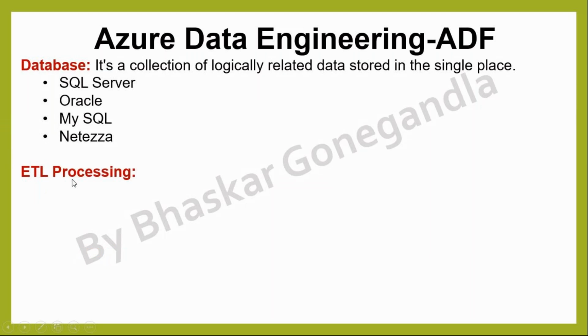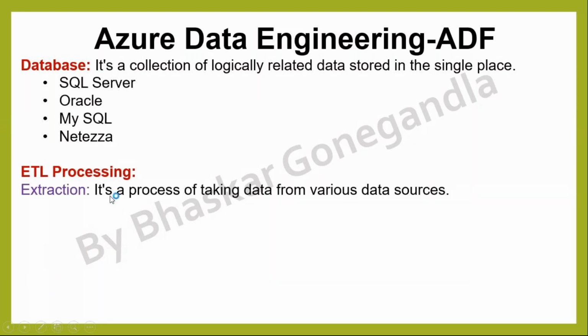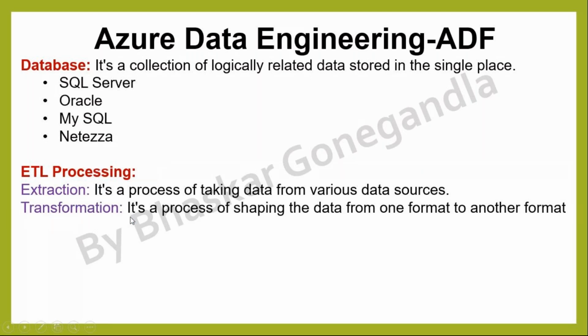We talked about ETL processing. ETL means extraction, transformation, and loading. Extraction is the process of taking data from various data sources. Your data source may be anything, and we are going to bring the data from there. For transformation, depending on your requirement, we are going to apply transformation.